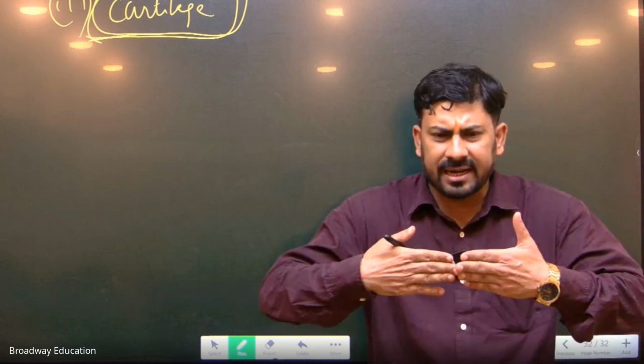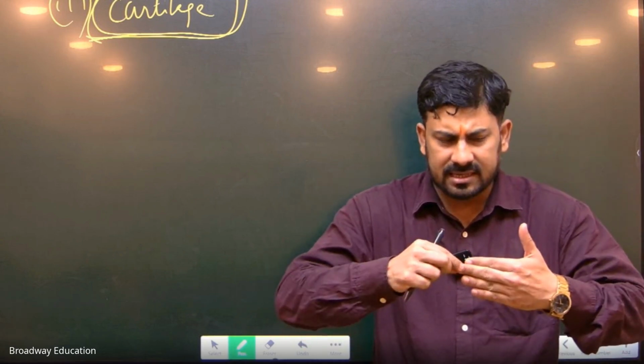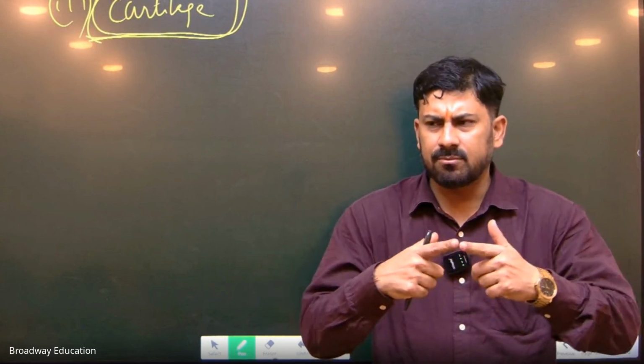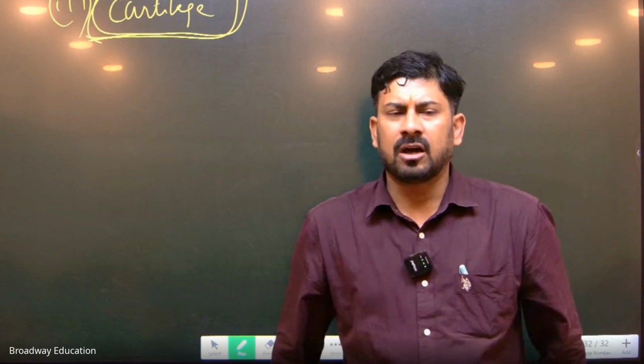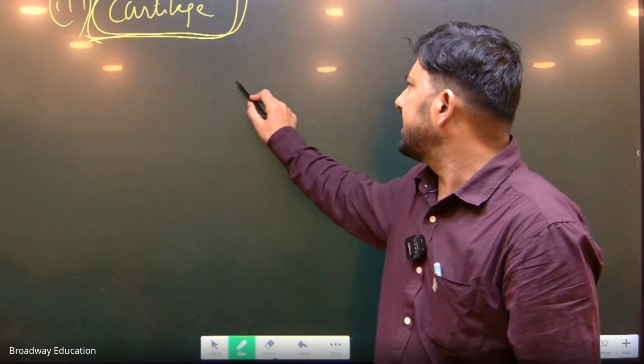Like there is a joint, right? So at the joint, there is cartilage, and this cartilage makes the movement smooth. Clear? Now, full stop. Under this, please write its location.